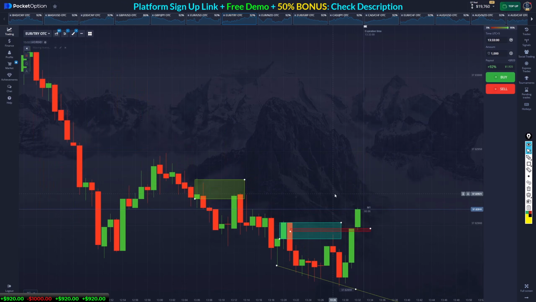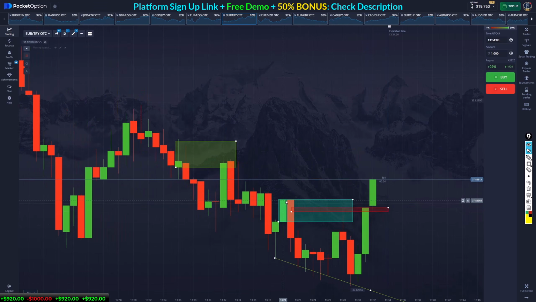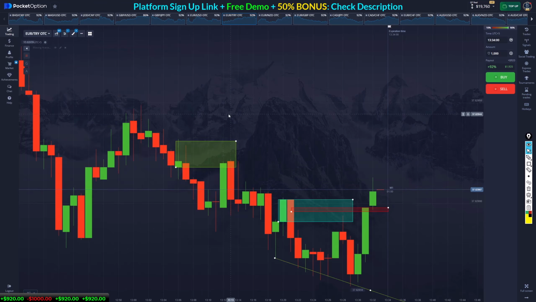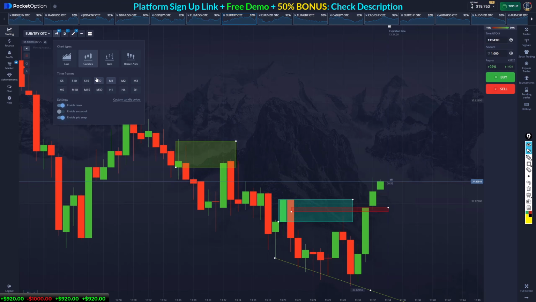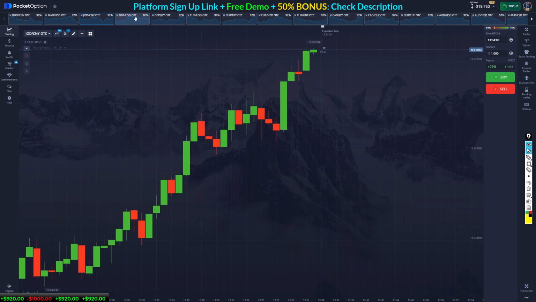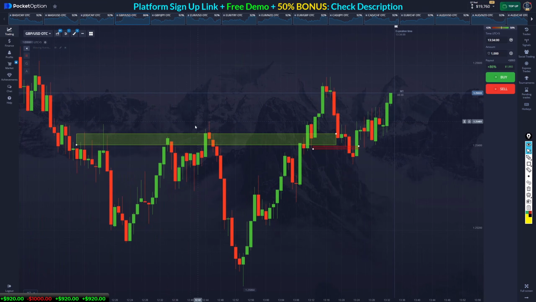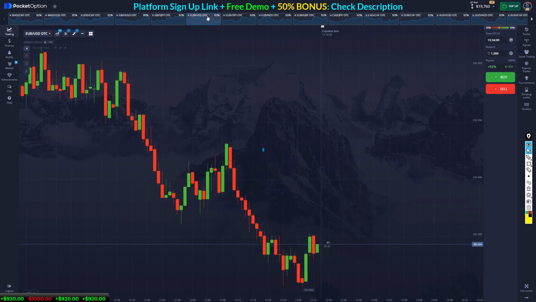So the point I'm trying to mention here is that please cherry pick your trades and don't take any trash trade, okay? We had an example of, for example, this one. You can see that the breakout is much more clear than the one that I just marked.